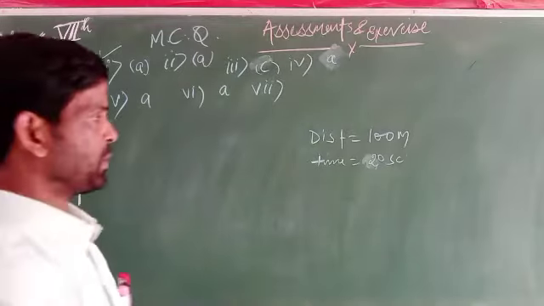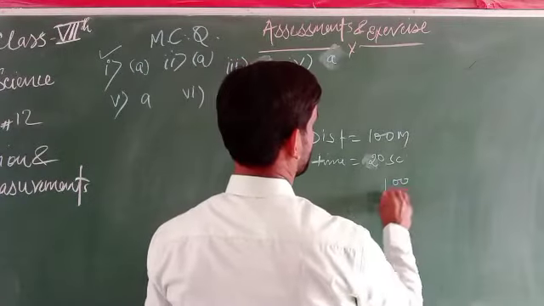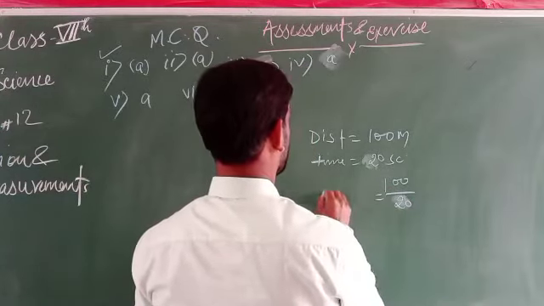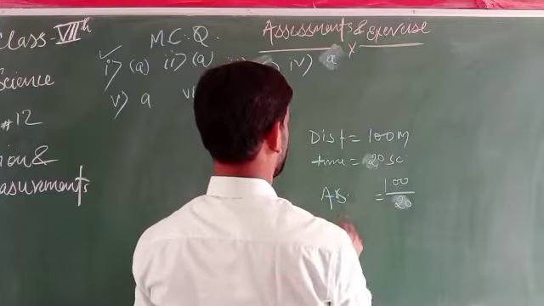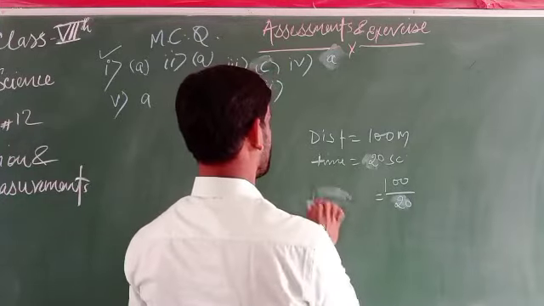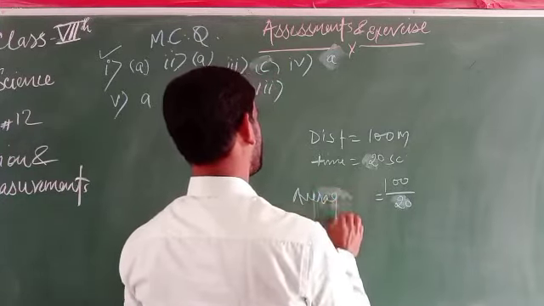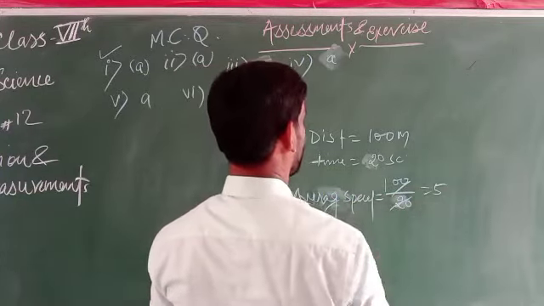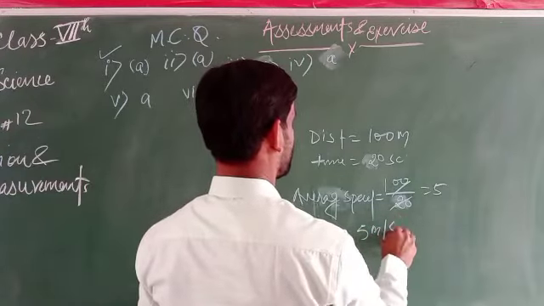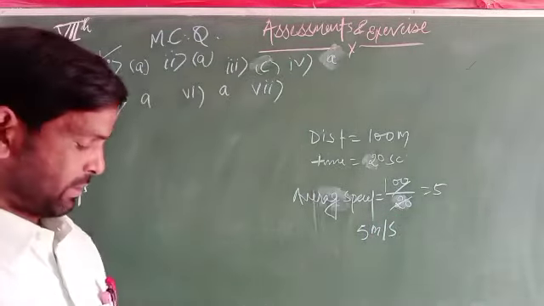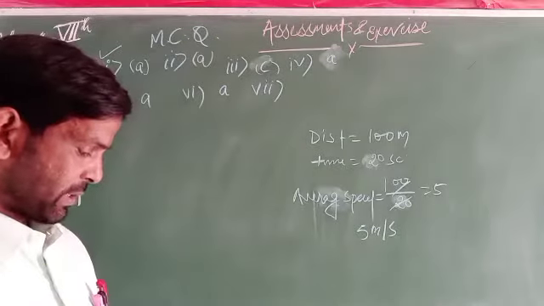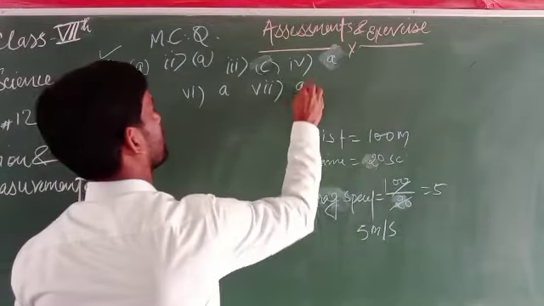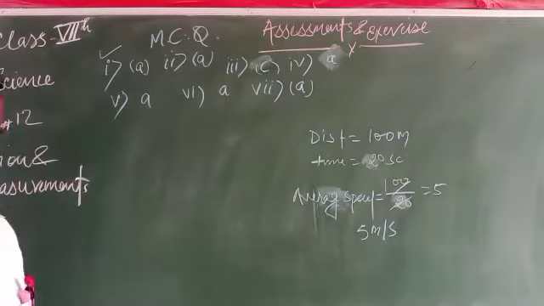So average speed will be distance upon time, that is 5 meter per second. This will be the correct answer. So 7A is the correct answer.